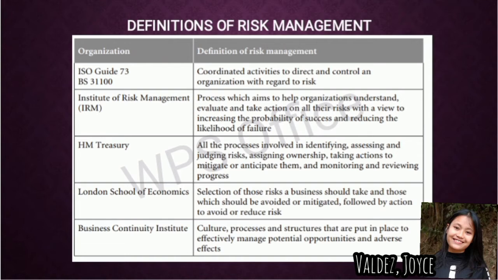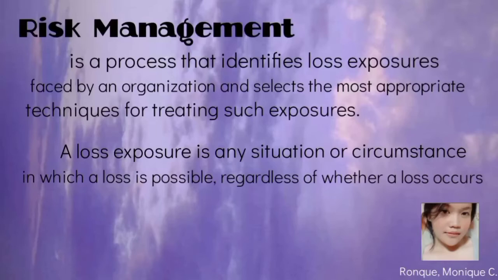And the last one is from the Business Continuity Institute, who said culture, processes, and structures that are put in place to effectively manage potential opportunities and adverse effects. Those are from different institutions where they provide some definitions of risk management.